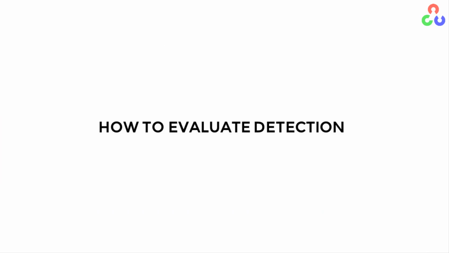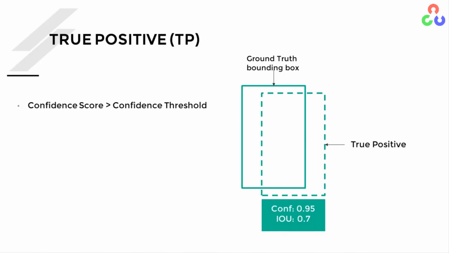Now let's combine the confidence score and the IOU values to evaluate the detections. A detection is considered a true positive only if it satisfies these conditions. First of all, the confidence score should be greater than the confidence threshold, which tells us that we have found the object we were looking for.